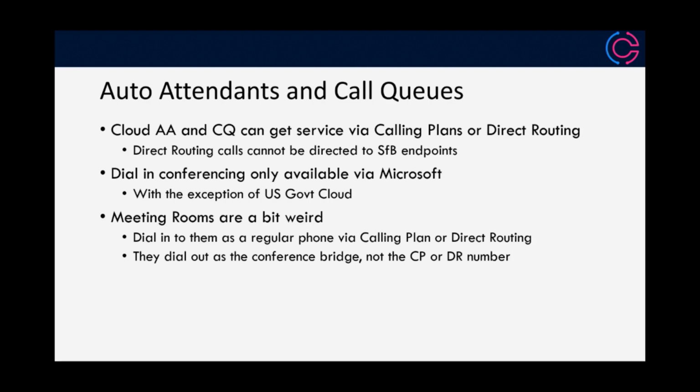So their outbound calls will always go via Microsoft and not back out through your direct routing. This one caught me off guard when I first came across it. It's not very well explained in the Microsoft documentation, but it is something to be aware of. Of course, this is when you're using your meeting room device just as a regular old phone, which is probably pretty rare other than for an occasional phone call or two.